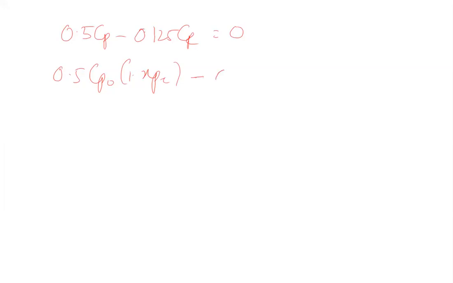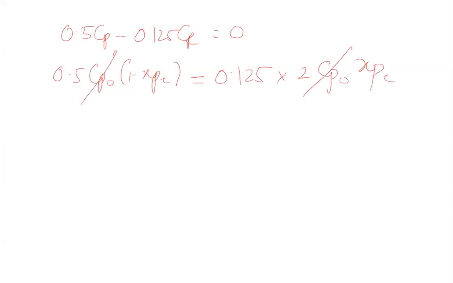What equilibrium conversion are you getting? How do you calculate equilibrium conversion? 0.5 Cp minus 0.125 Cr is equal to 0. 0.5 Cp naught into 1 minus XPE is equal to 0.125 into 2 into Cp naught into XPE.